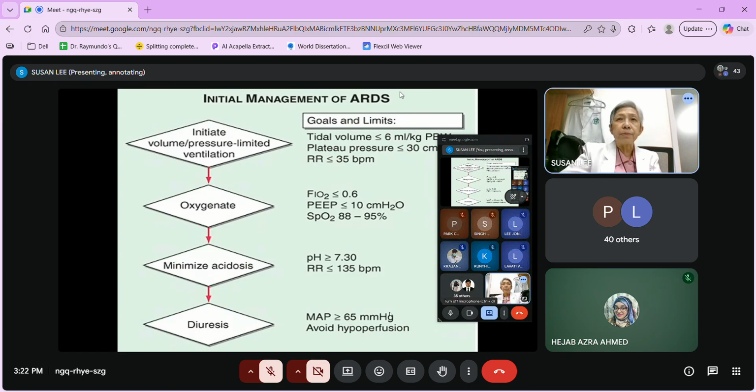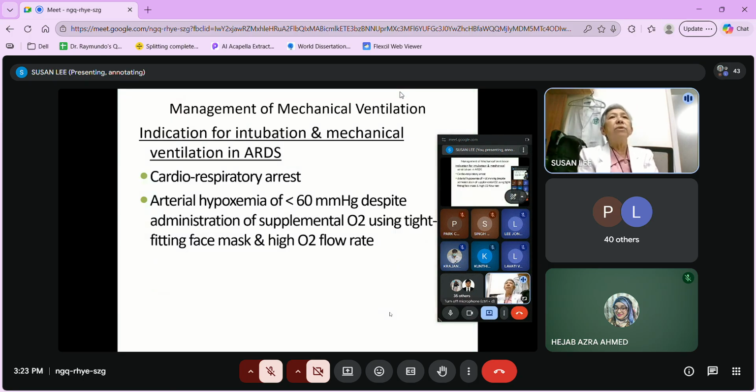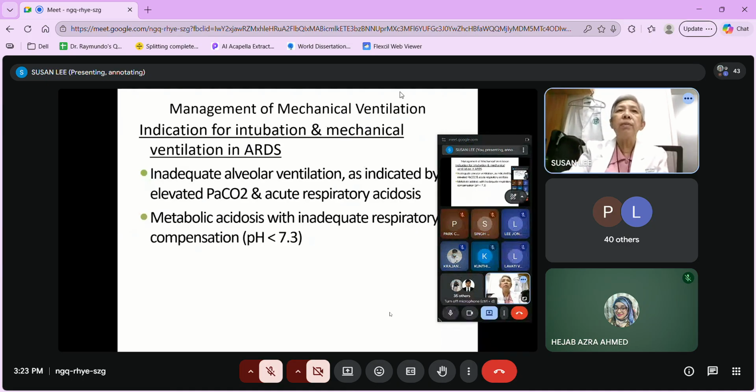Okay, so patients usually are intubated, right? So the intubation and mechanical ventilation is usually because of a cardiorespiratory arrest. But if the patient does not go into arrest but has persistent hypoxemia of less than 60 millimeters of mercury on supplemental oxygen given through a high flow machine, then we may have to intubate the patient.